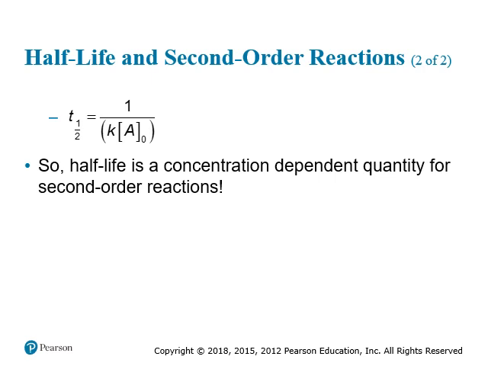In the case of a first order reaction, we only saw that the value of K contributed to the half-life. But here we see not only the value of K, but also the initial concentration being a factor.